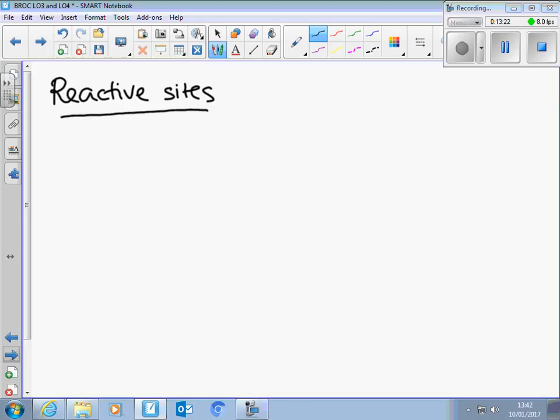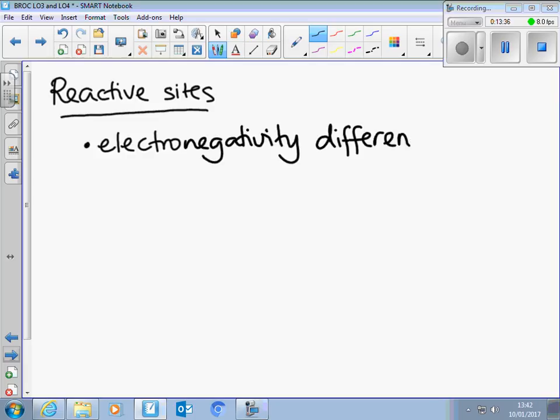So we get what we would consider a slightly polar bond. So, any electronegativity difference, in other words, is there a polar bond there?